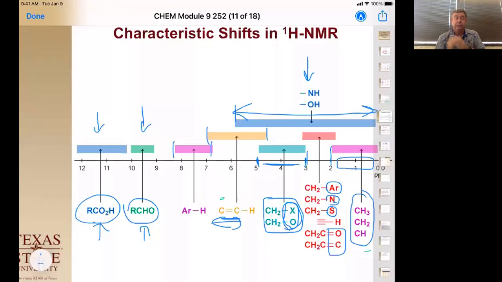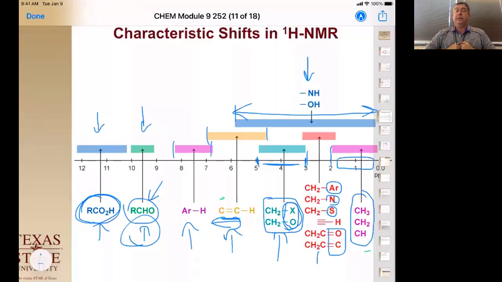So more hydrocarbon-like, closer to 0, a little bit of electronegativity next, directly bonded to an electronegative atom next, directly bonded to a double bond, directly bonded to an aromatic ring, directly bonded to a carbonyl, and the only one that does that is aldehyde, and then directly bonded to a carboxylic acid, continuously shifting downfield as we go. Does that trend make sense? As you steal more electron density away from it, it moves further downfield.